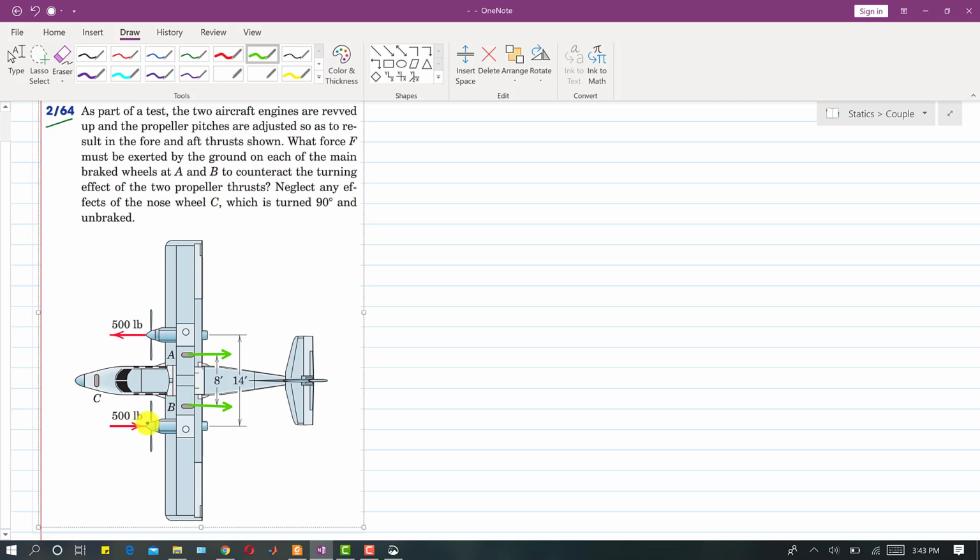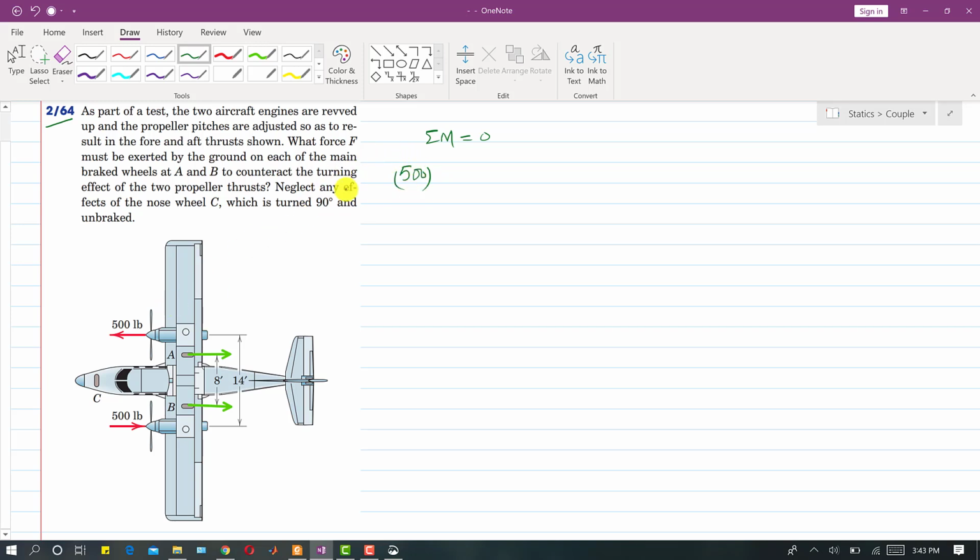We can see that this couple is producing counterclockwise moment and this couple is producing clockwise moment. So as a whole, the summation of moment will be equal to 0, right? So if I write, then it will be 500.